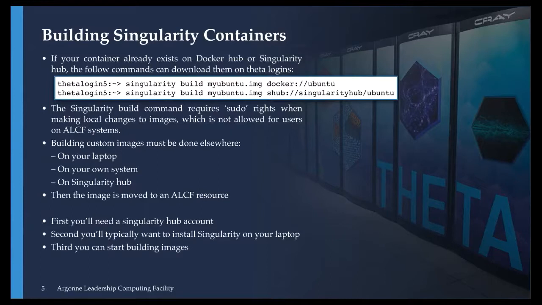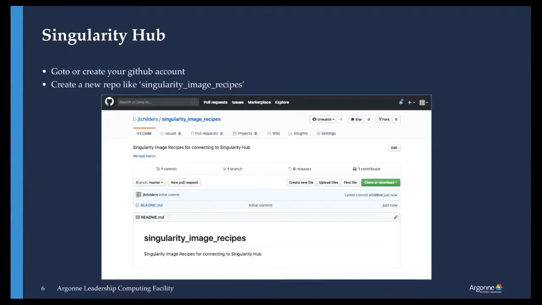But the initial development I would do on my local machine for ease of use and speed turnaround. So to use Singularity Hub, obviously you'll need an account, and typically you'll want to install Singularity somewhere you can do this quick turnaround like your laptop, and then you can start building.